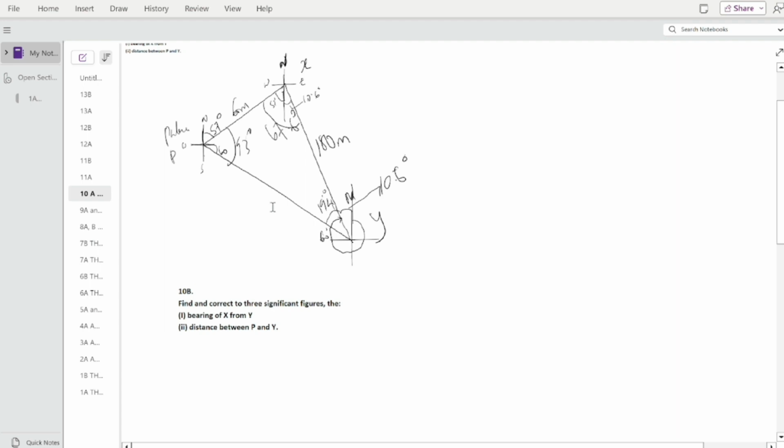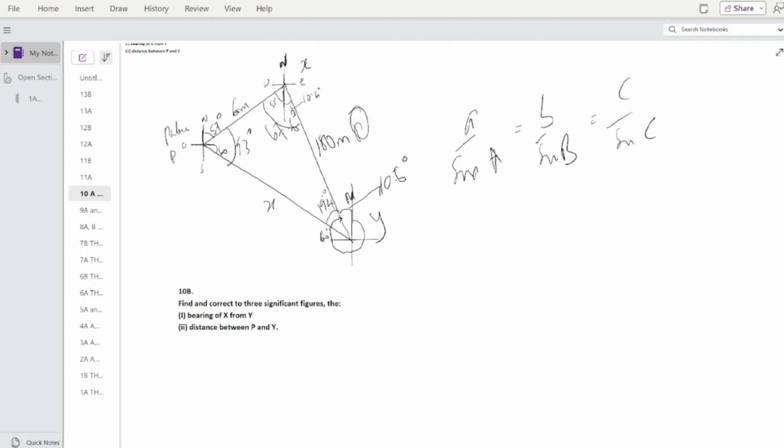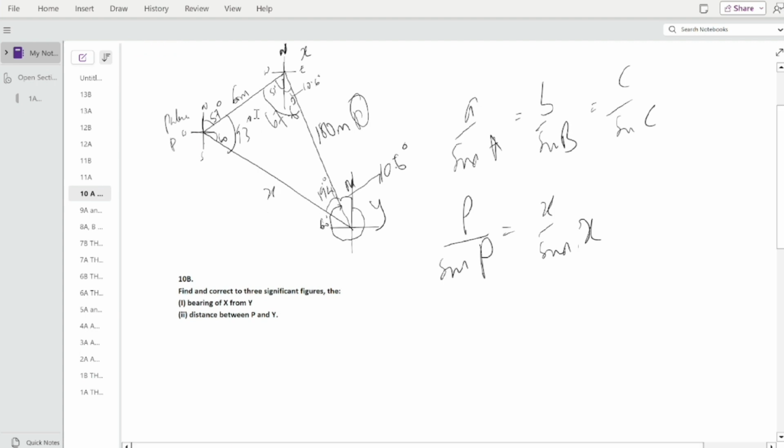Using sine rule, which says a over sine A equals b over sine B and c over sine C. Since we are looking for the small x, we use p over sine P equals x over sine X. We know our p is 180 meters, and we know our angle P is 93 degrees, so we have sine 93 degrees.